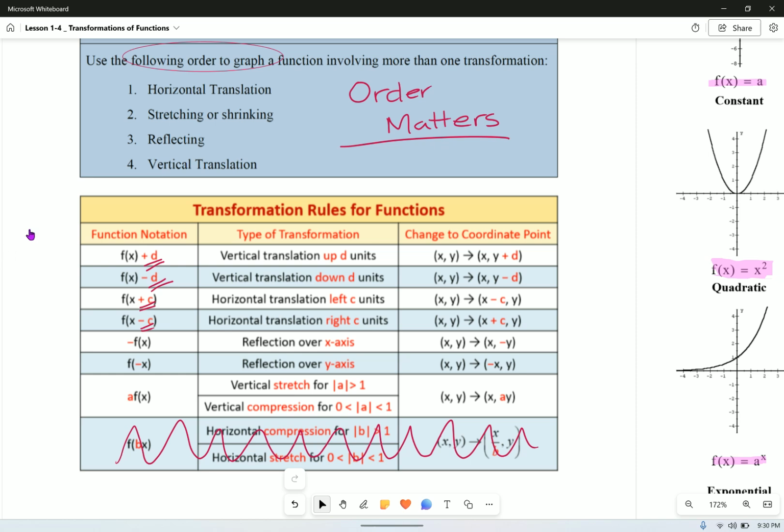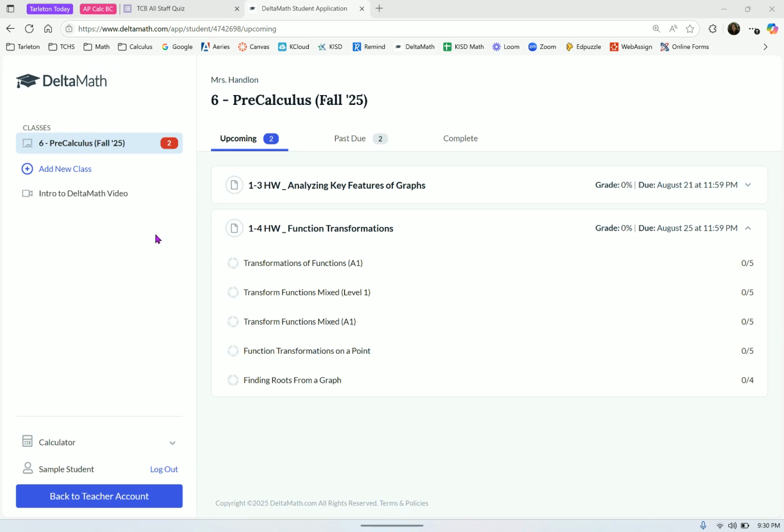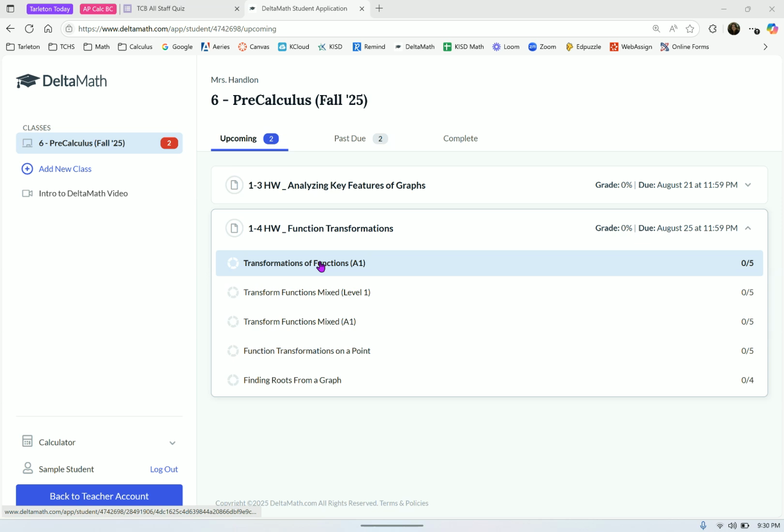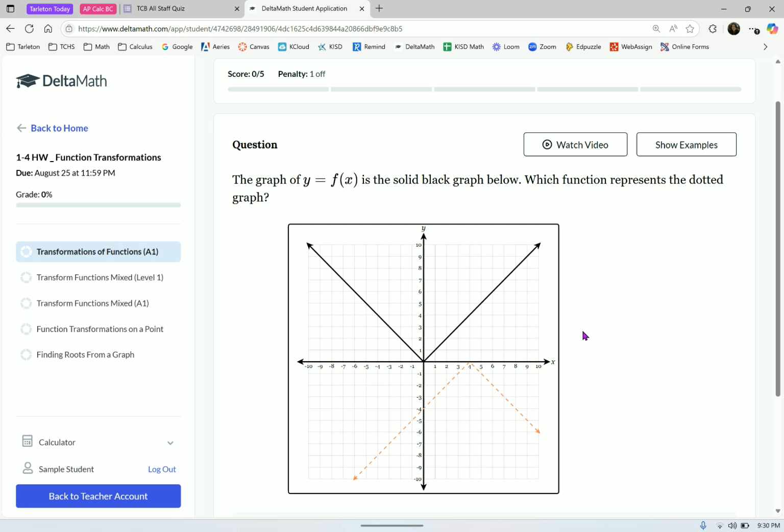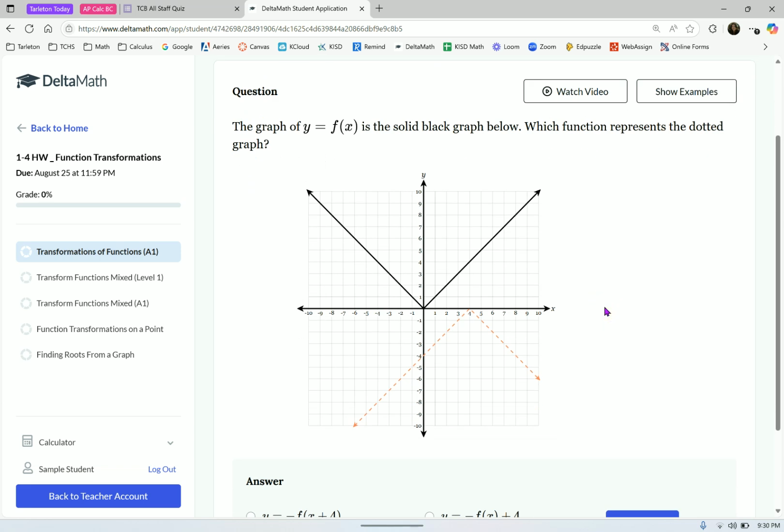So let's go to Delta. So here we are with your homework assignment, 1-4 homework function transformations. The first section is very straightforward, trying to make sure that you guys can understand the very, very basic. All right, so here they're giving you the graph of y equals f of x, and it's represented by this dark, solid black graph.